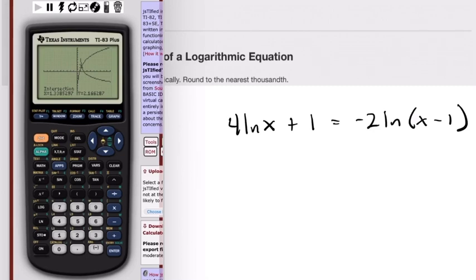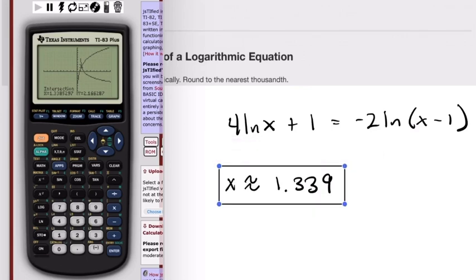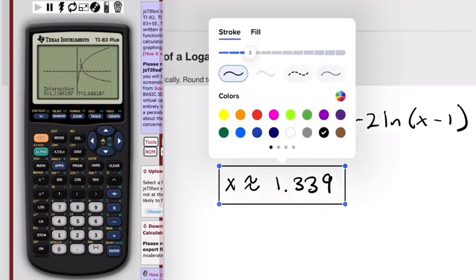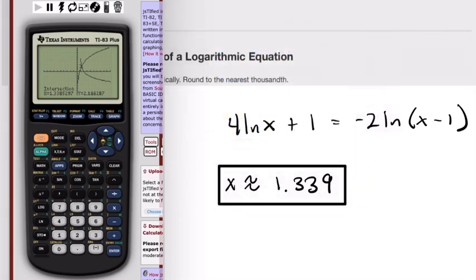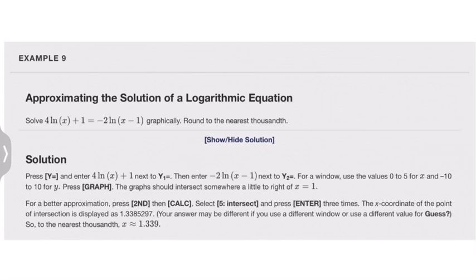So the x value, we get x is approximately, to the nearest thousandth, 3 decimal places, 1.339. Okay, so we got approximately 1.339. 1.339 is correct.